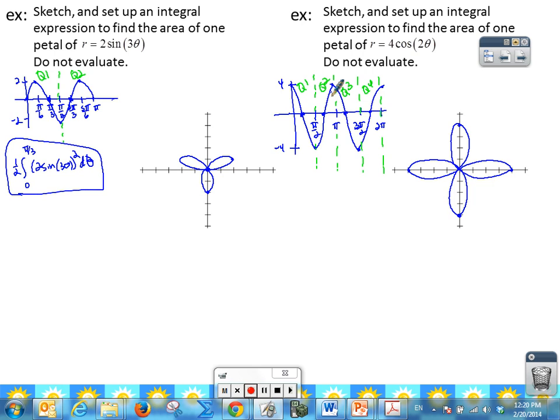So I picked this first one right here to use as my bounds. It just says one petal, so it doesn't really matter which one you pick. So I just picked the first full one, and that's from pi over 4 to 3 pi over 4.